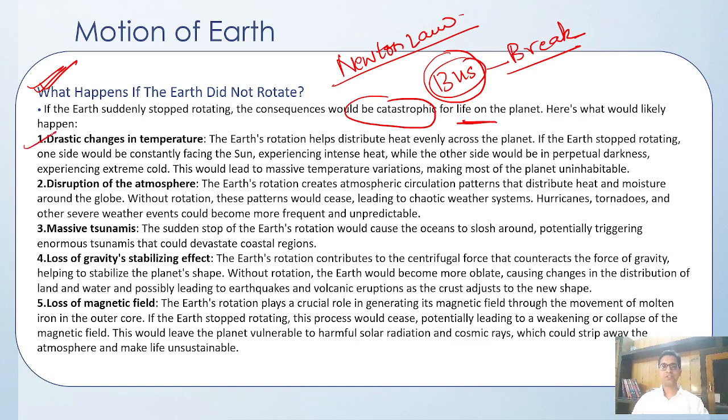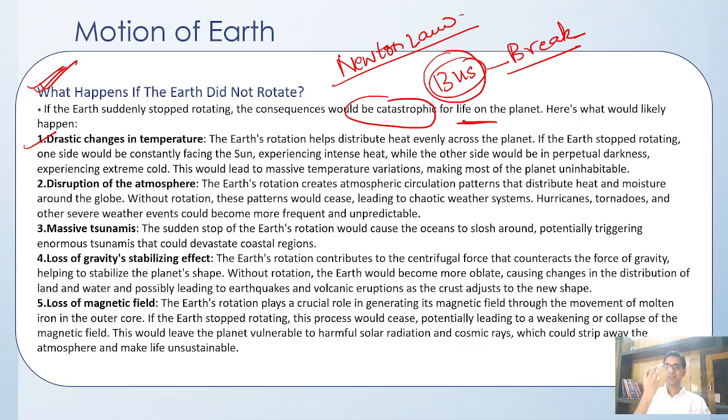There will be a drastic change in temperature. Because of the earth's rotation, heat gets distributed evenly throughout the planet. If the earth stops rotating, one part of the earth will continuously face the sun, and one part will continuously face the darkness.